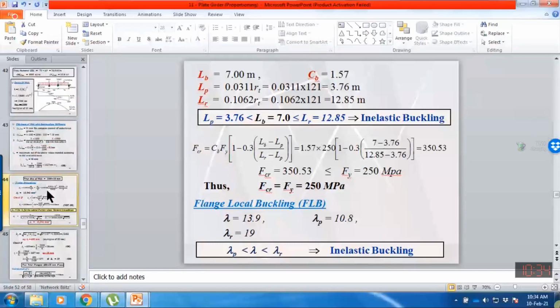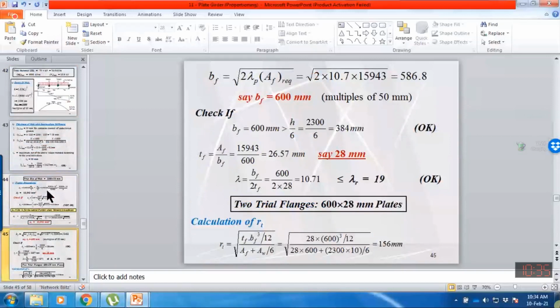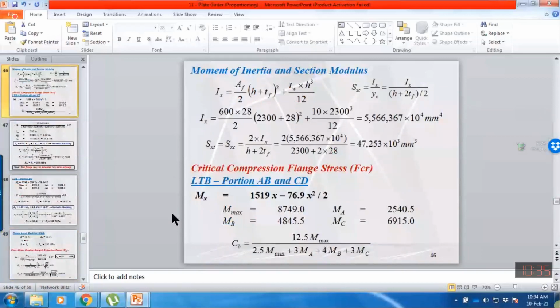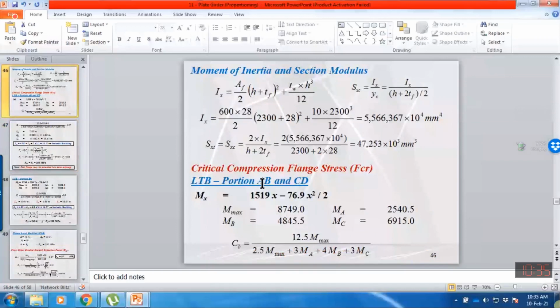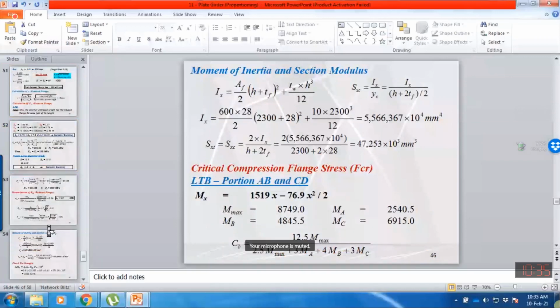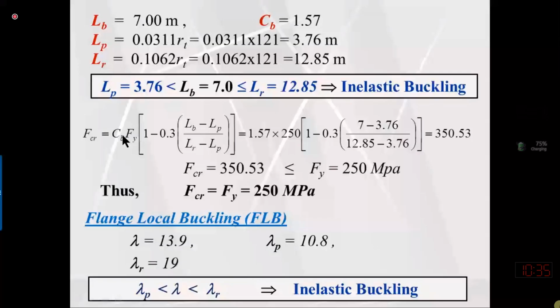For portions AB and CD, we have already determined the CB value, which was 1.57, when we determined the capacity with full flange area. So when I substitute in this equation Fy 250, LB 7, the LP value, and LR value 12.85, I get the answer 350.53.